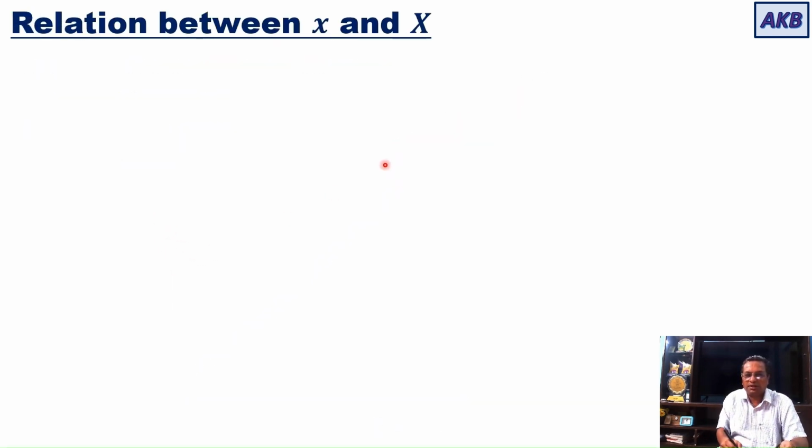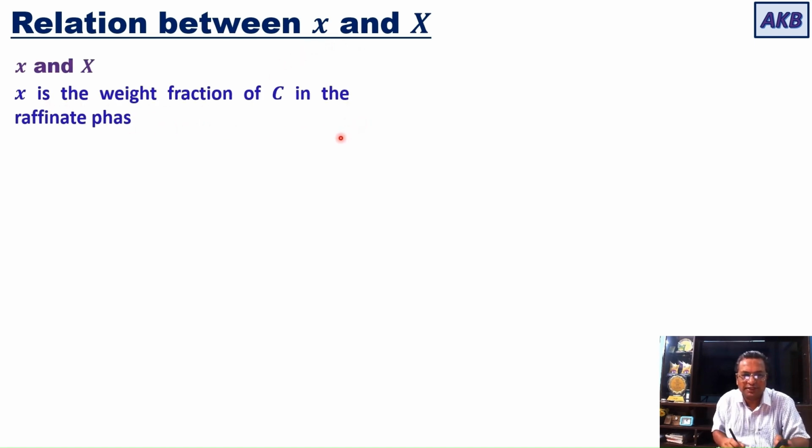Our next important thing that we will be using is the relationship between small x and capital X. What is this small x? Small x is the weight fraction of C in the raffinate phase.